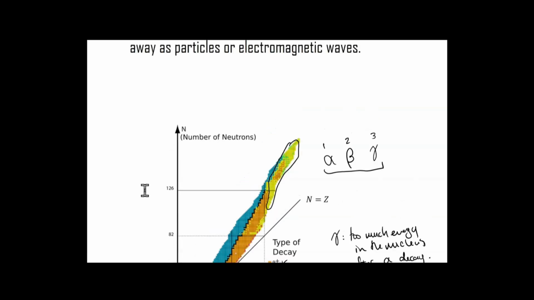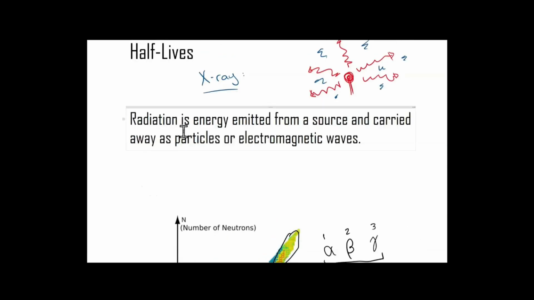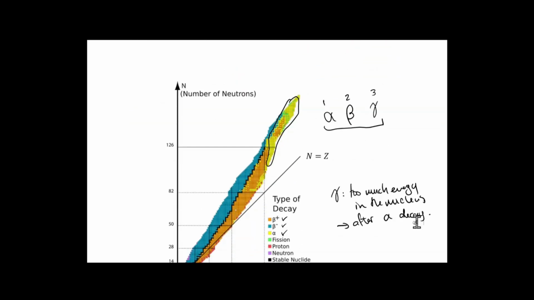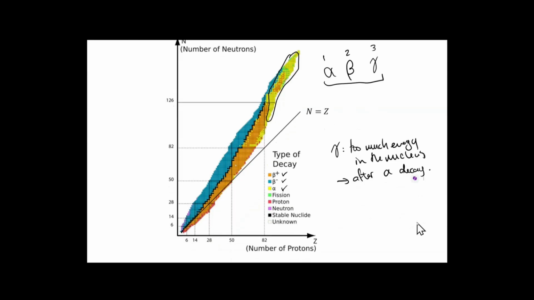So remember, we get back to our definition of radiation. Radiation is energy emitted from a source and carried away as particles, which is alpha or beta, or electromagnetic waves. And gamma is an electromagnetic wave, kind of like light or X-rays, much, much, much more energetic.